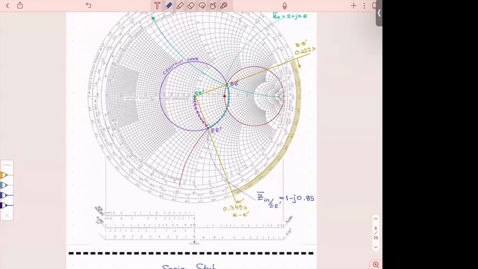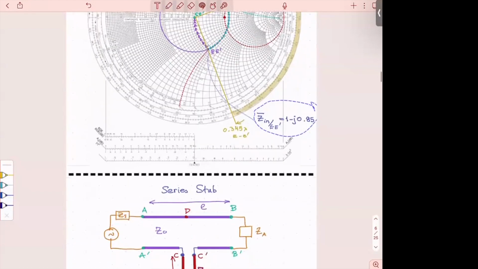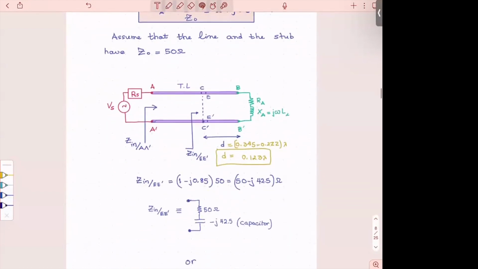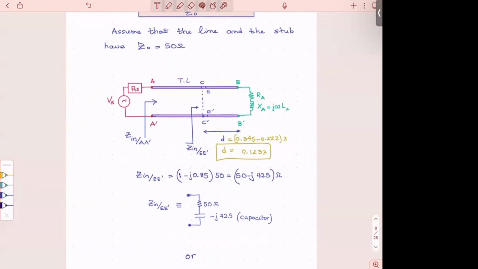So it gives me a value of negative 0.85.